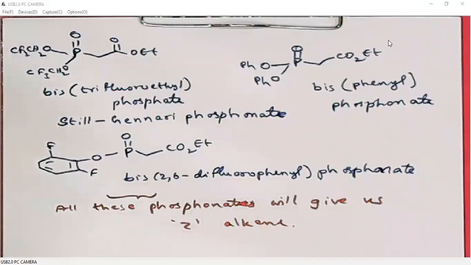I'm not discussing the examples for these. All these reagents will give us Z double bonds. Okay, right. I'll give two more examples.